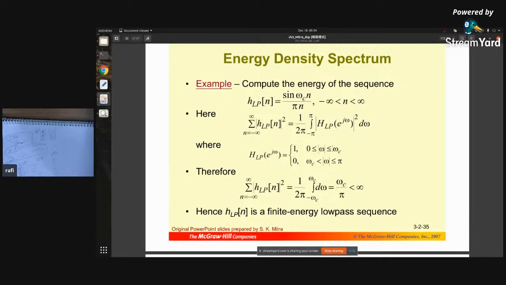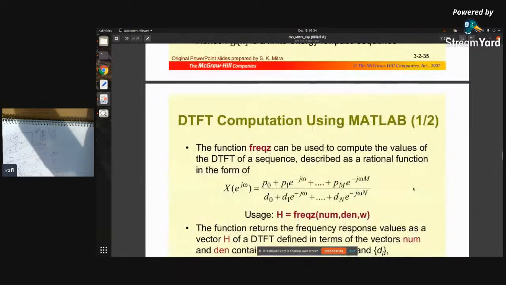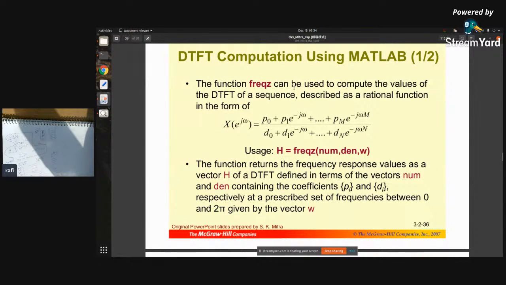Someone has commented correct answers. Good. Okay, so DTFT computation using MATLAB. This we'll see in the lab, but if you are interested, you can use the freqz function in MATLAB. For the numerator you need to give p0, p1, up to pm, and for the denominator d0, d1, up to dn, just the coefficients as an array.